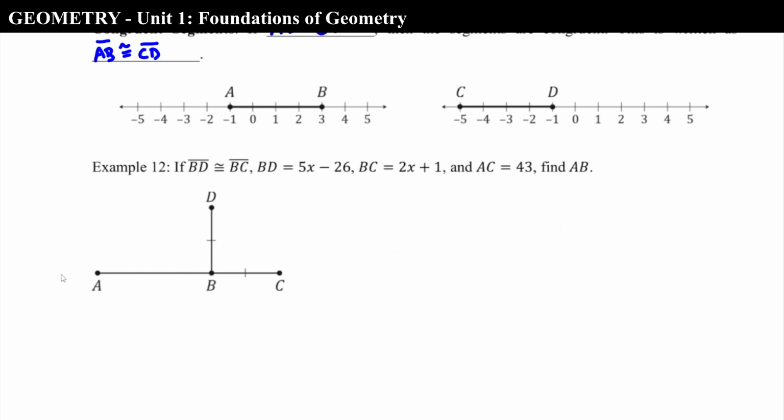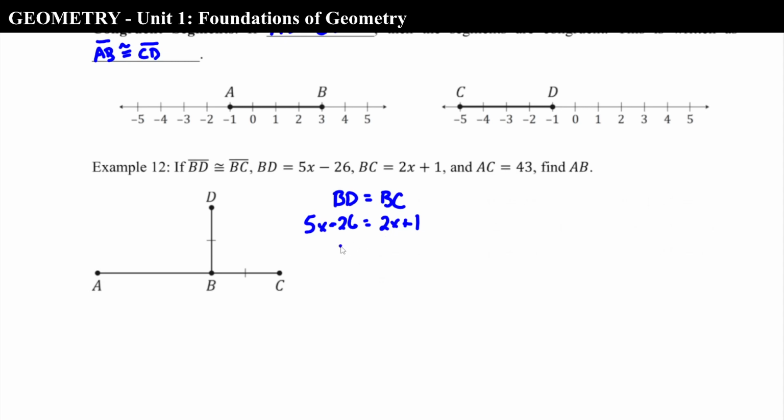And we know the length of AC, we want to find the length of AB. So let's start with what we know. We know that BD is congruent to BC, so therefore BD has to equal BC. And we have a statement for each of those. So if we plug in the statement for both of those, now we have something where we can solve for x, which we didn't know previously.